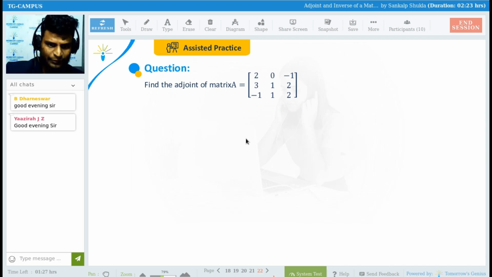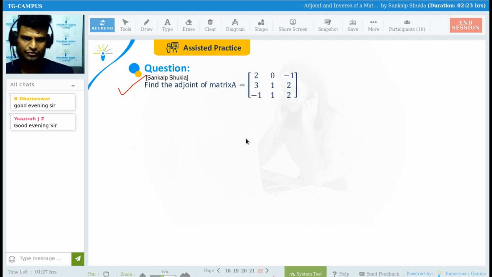Find the adjoint of matrix A. Quickly solve this one also. Find the adjoint of matrix A. Come on, everybody.